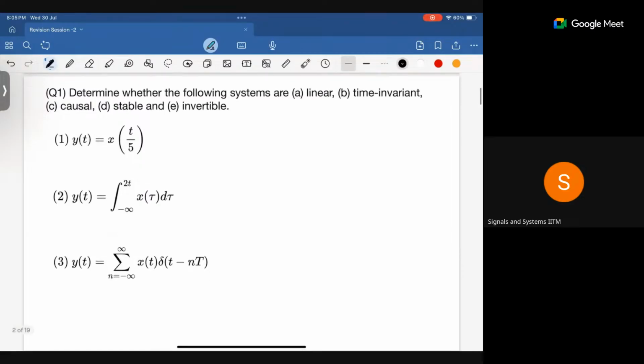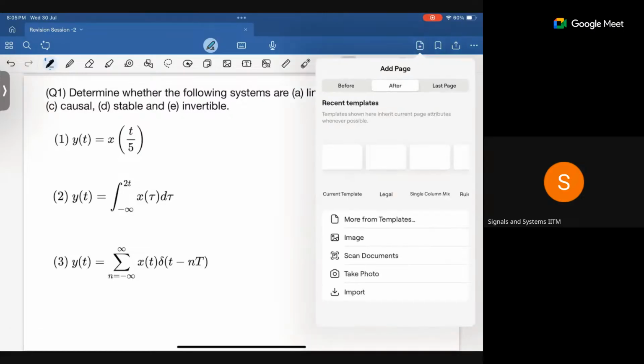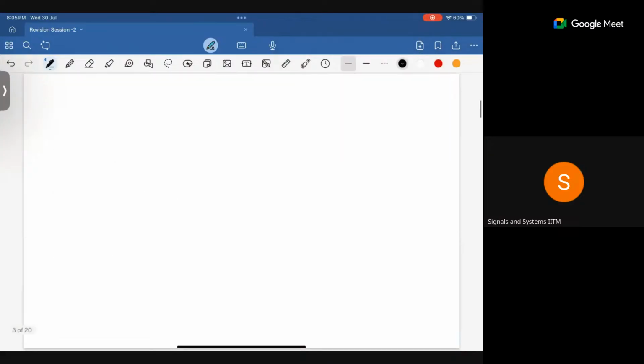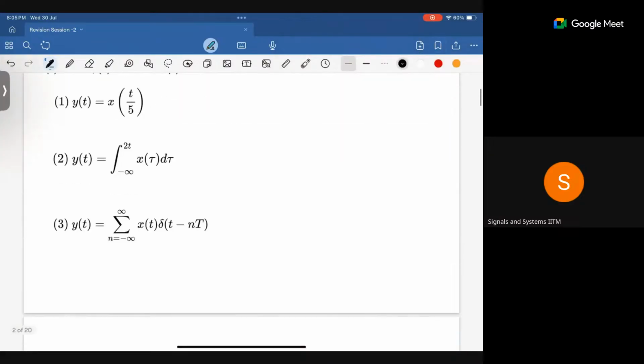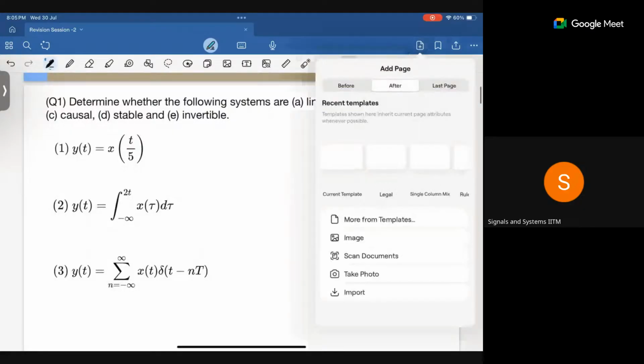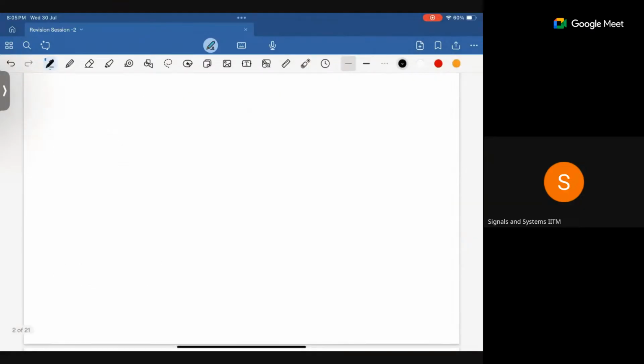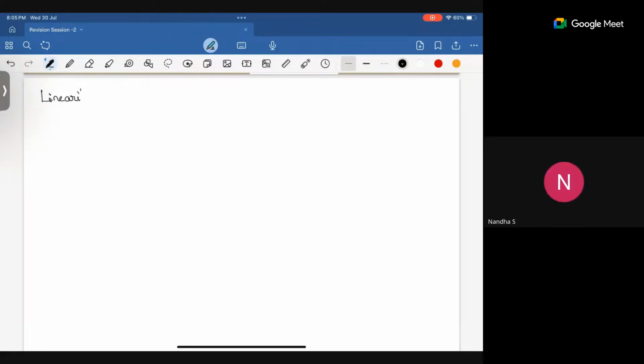So what is linear? Before we start the problems, quickly we will write the properties. What is linearity? When do I say a system is linear?